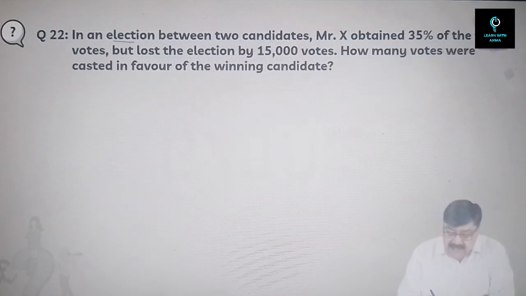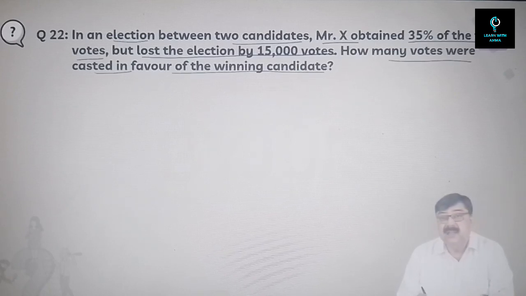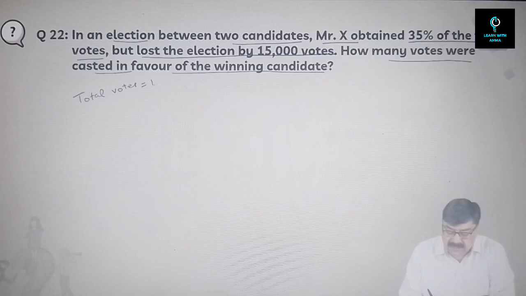Now, in an election between two candidates, Mr. X obtained 35% of the total votes, but lost the election by 15,000 votes. Now, how many votes were cast in favor of the winning candidate? See, total votes, when we are talking in terms of percentage, obviously are going to be 100%.